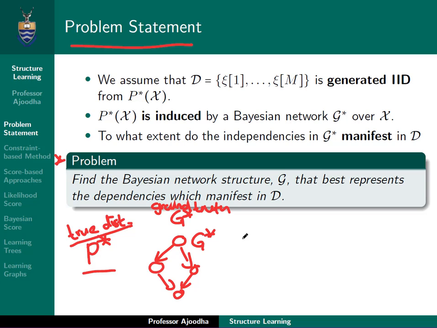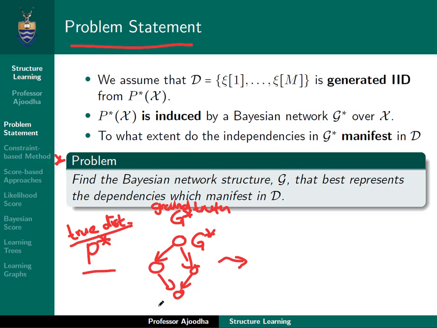From this G star, what often happens in machine learning is that we have data which is generated in real life. For example, there's some unknown true distribution, the ground truth distribution, which is modeled using a graphical model as a structure.